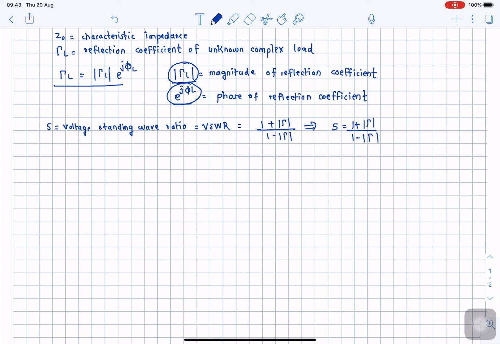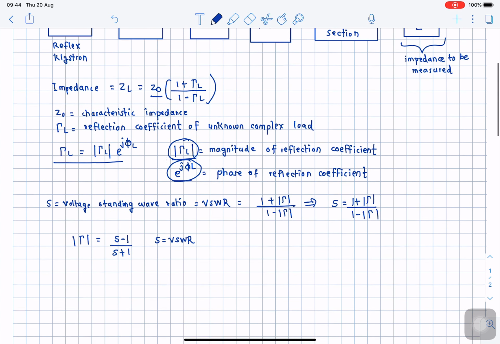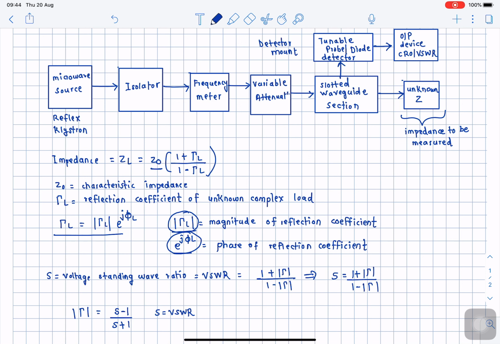Okay, so we can write the magnitude of the reflection coefficient gamma as (S minus 1) upon (S plus 1), where S is the VSWR. The magnitude of the reflection coefficient can be calculated once we know the voltage standing wave ratio developed by the unknown load, which is connected at the end over here.